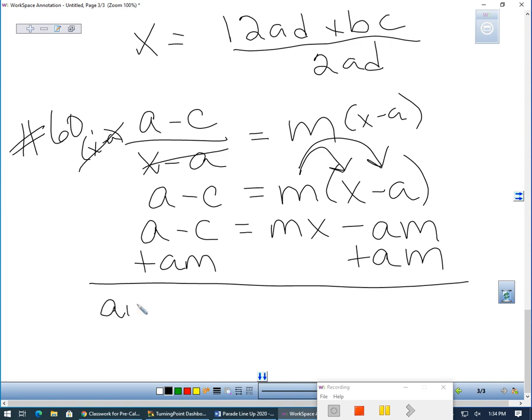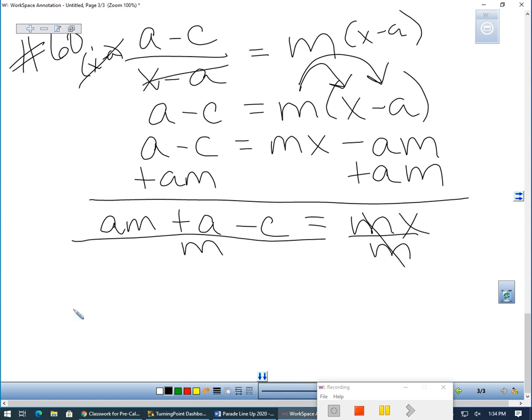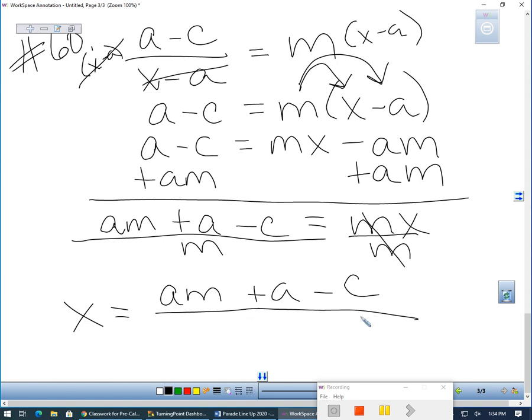No. So I have am plus a minus c equals mx. Divide by m to get x by itself. And we are left with x equals. Awesome.